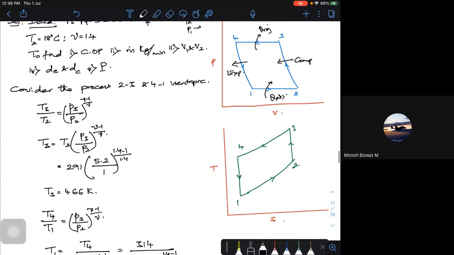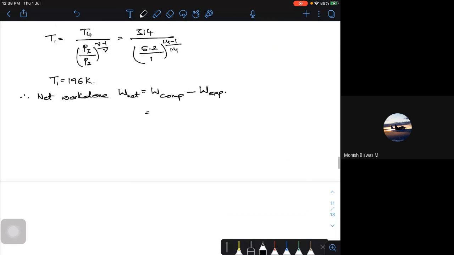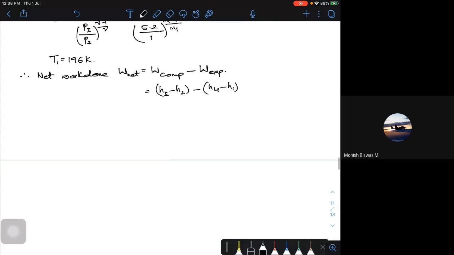It is H4 minus H1. I can write this as H3 minus H2 minus (H4 minus H1), and we know that H is a function of temperature, so I can write this as Cp into (T3 minus T2) minus (T4 minus T1).